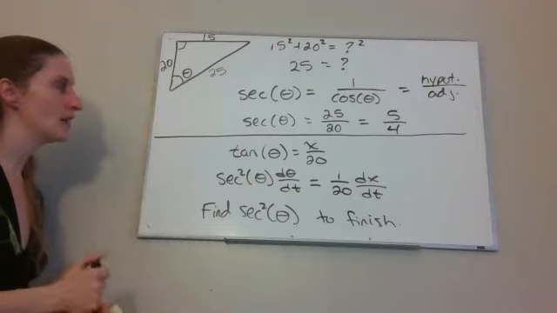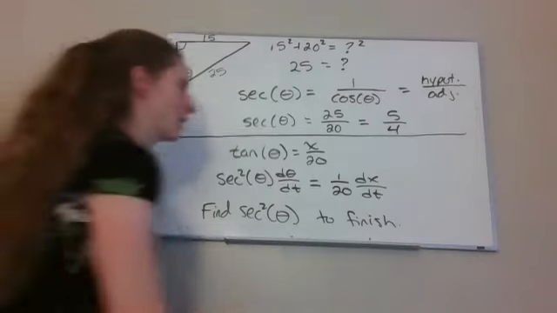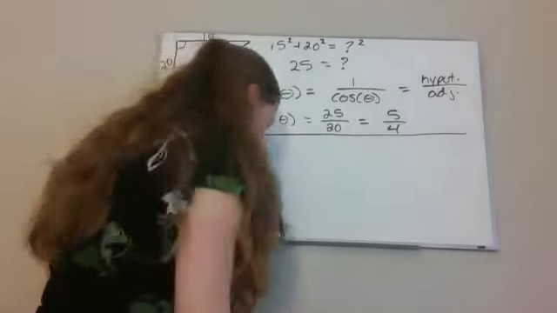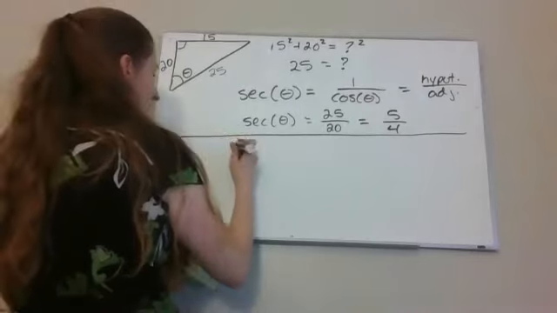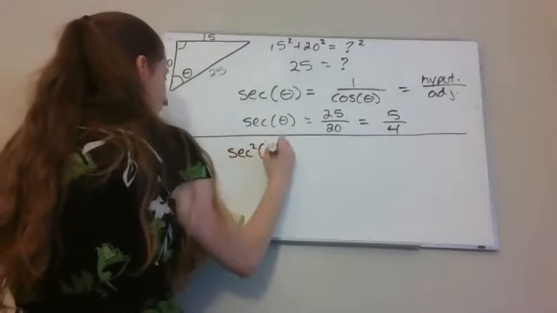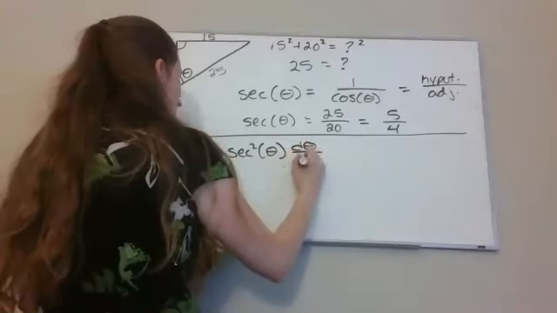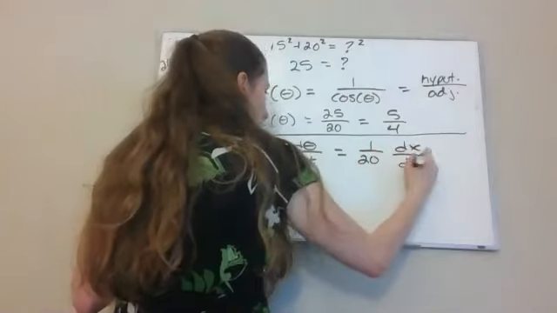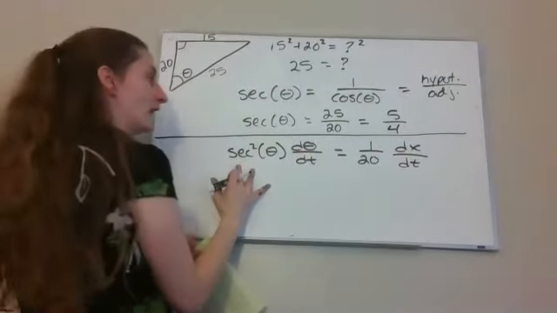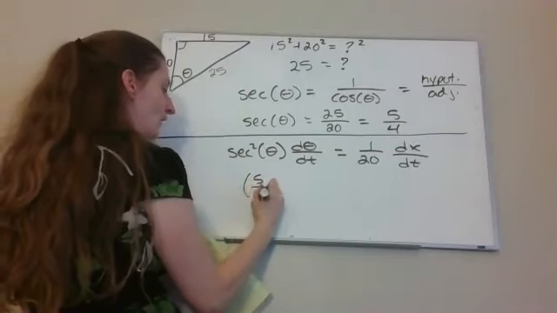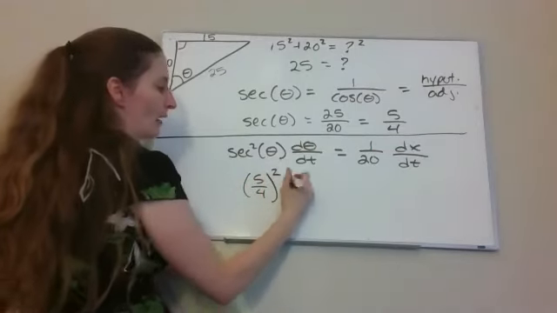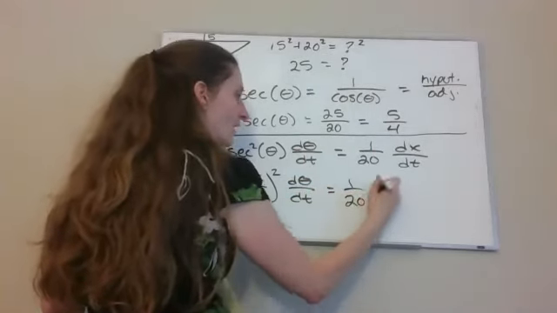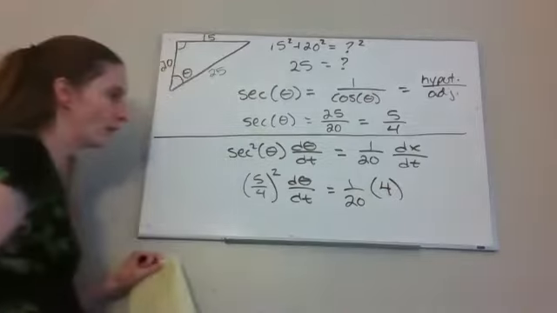All right, so now I'm ready to actually solve for what I need to find. Where we were at, we had taken our derivative and we had secant squared of theta times dθ/dt equal to 1 over 20 times dx/dt. I now know secant of theta is 5/4. So I have (5/4) squared dθ/dt equals 1 over 20, and my dx/dt was 4.